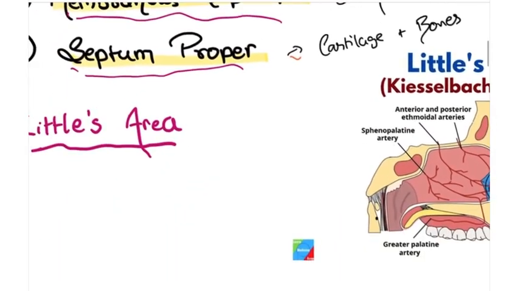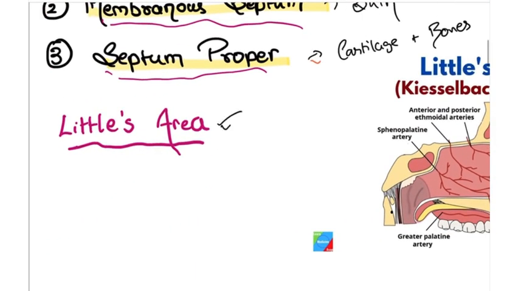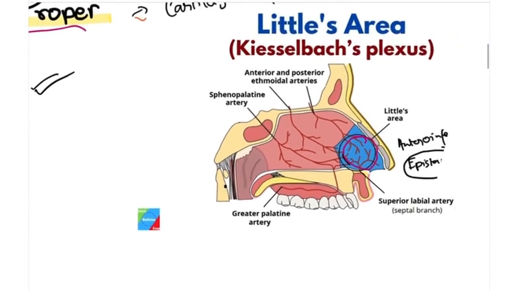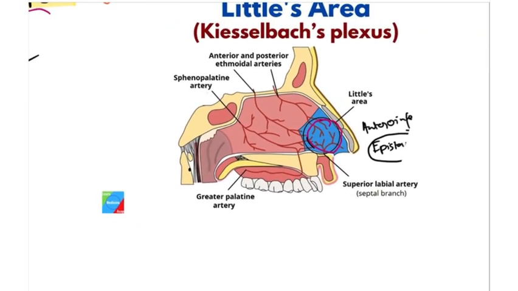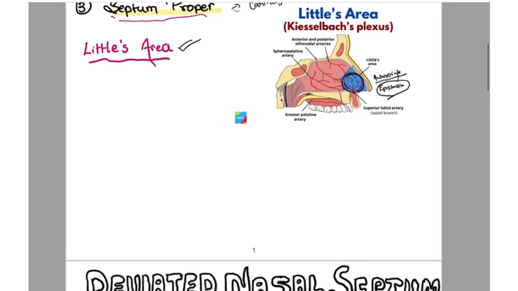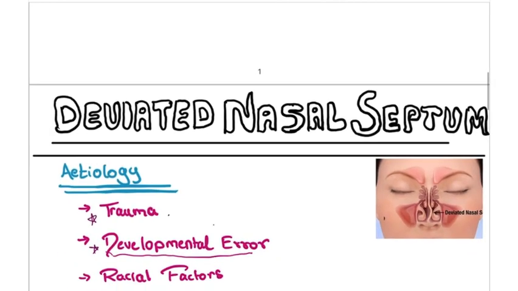And then we have Little's area. In Little's area, the vessels anastomose over here, and it is in the anterior inferior part, and it is the most common cause of epistaxis.